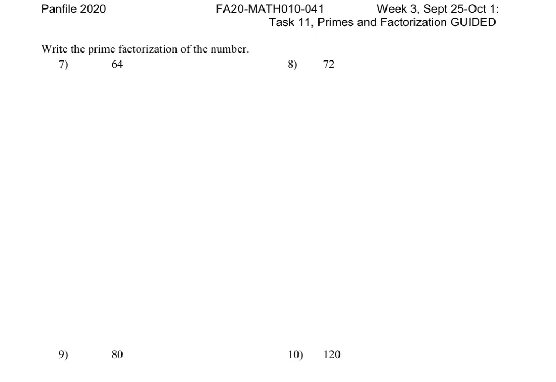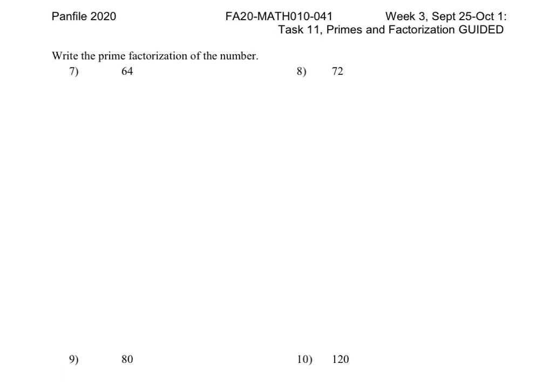All right, so now write the prime factorization of the number. So third direction, and actually the first direction was back in the previous task. The first direction, like we talked about, was just listing factors. So you did 1 times 10, 2 times 5.